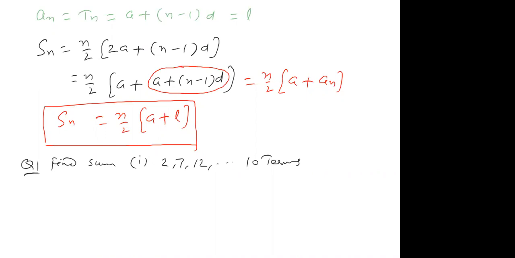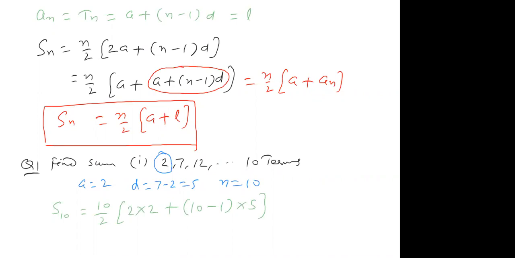So the first term a is 2. D is the second term minus the first term, 7 minus 2, and the number of terms is 10. Just put these values here. So the sum of 10 terms is equal to 10 upon 2 into 2a, where a is 2, plus 10 minus 1 into d. D is how much? 5.